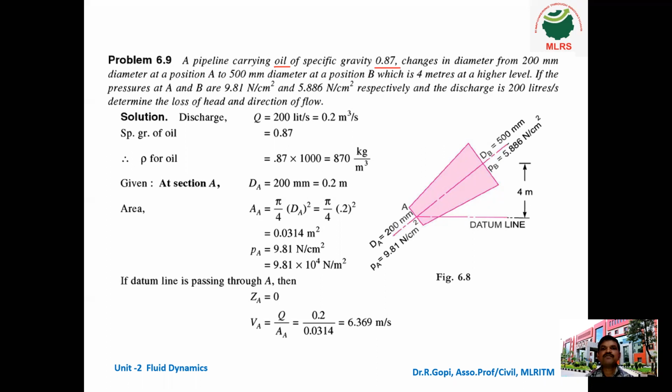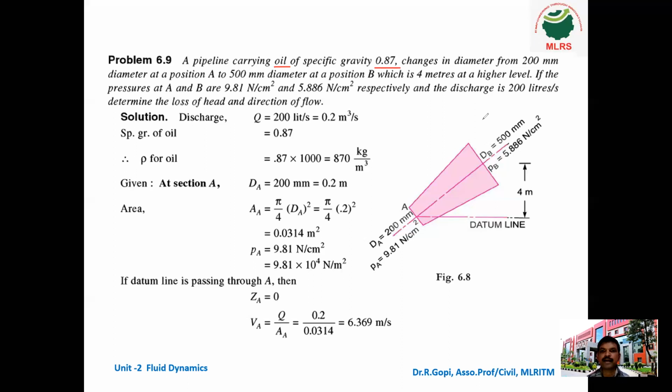A pipeline carrying oil of specific gravity 0.87 changes in diameter from 200 mm diameter at a position A to 500 mm diameter at a position B, which is 4 meter at a higher level. So students, here you can understand two different diameters are given, which means it is like a tapered pipe, a conical pipe, not a uniform pipe.